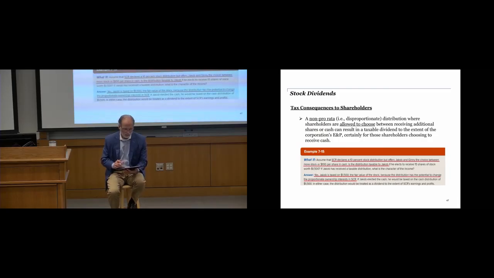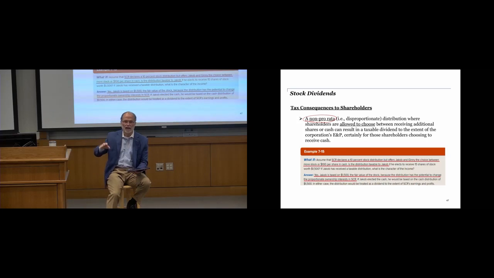The one aspect to be aware of when you have stock dividends is if there's a non-pro rata distribution, meaning disproportionate, meaning some shareholders get cash, some shareholders get stock. This might be elective, where the corporation says, here you go, you can choose to get more shares or you can choose to get cash.